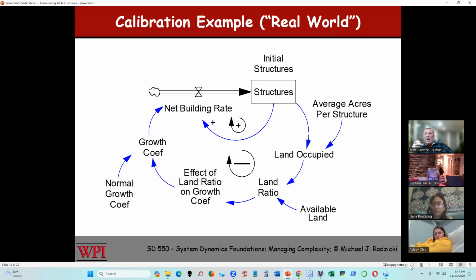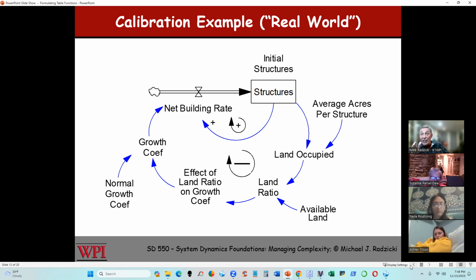So let's use that same concept that I showed you before, where I just said stock and max stock and stock ratio and all that. Now let's make it a little bit more concrete. Let's say we have a building rate and structures in a city. There's an average number of acres each structure occupies.